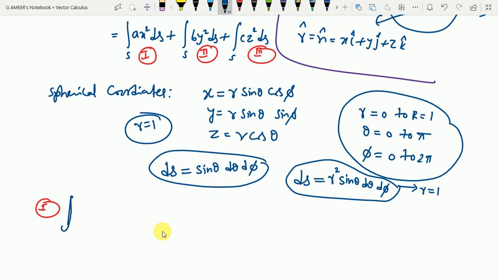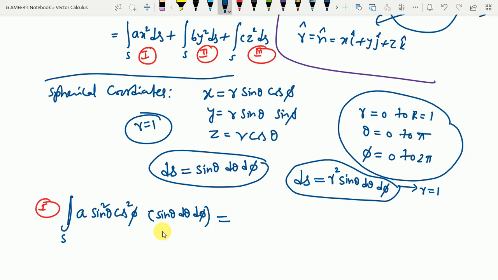Surface integration of a x square, x square means r square, r square is 1, so sin square theta cos square phi. And ds will be sin theta d theta d phi. This is the spherical coordinates related concept.